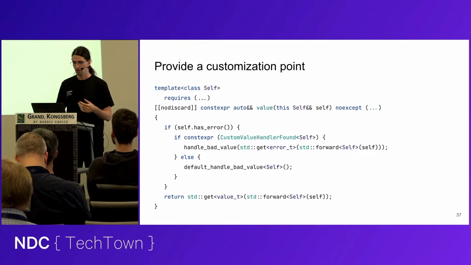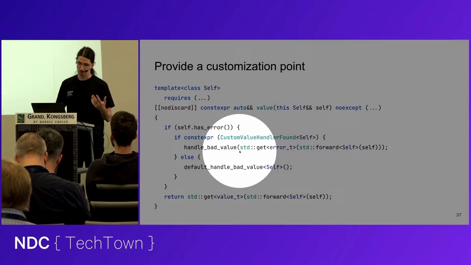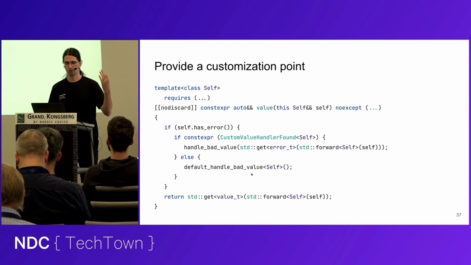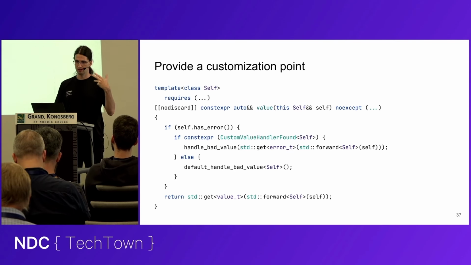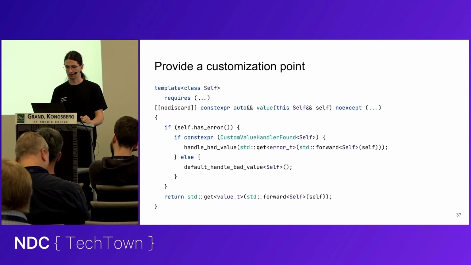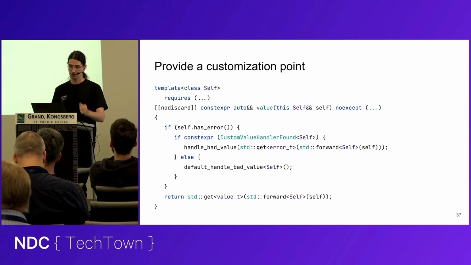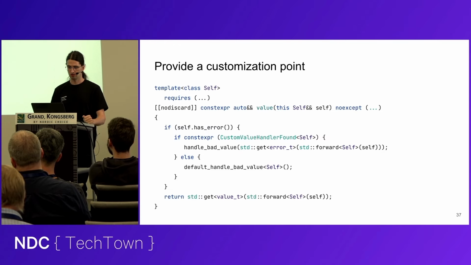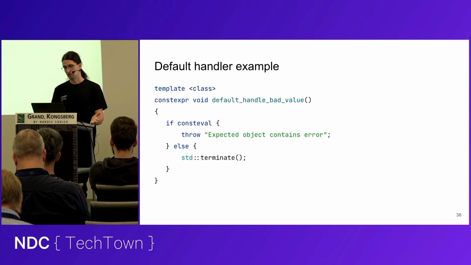If it's not found, there is a default handler, and the default handler can, for instance, terminate or something like this. That's in case we still need the regular non-monadic API. And if everything is fine, we just use std::get. I'm assuming my implementation uses std::variant under the hood, so I can get the value type like this, and it works.